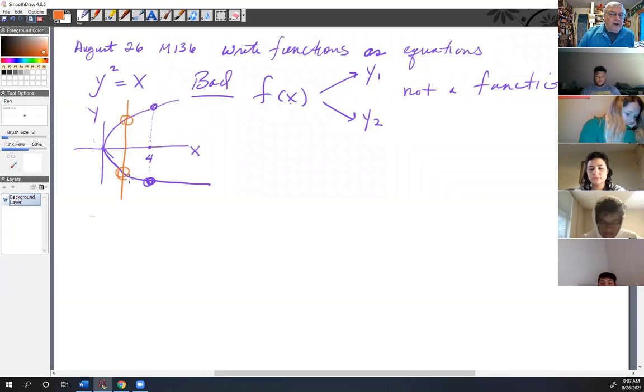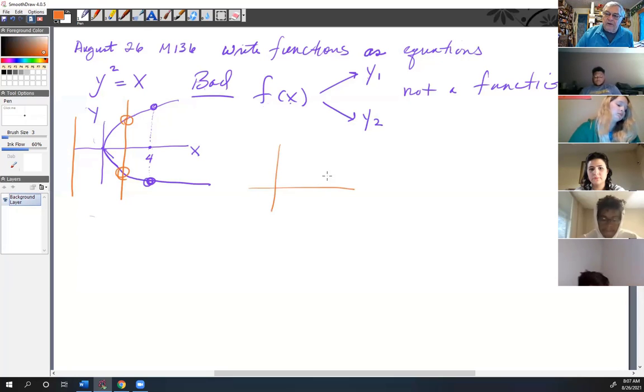And what I said, be careful, I said, if I can draw any vertical line that cuts the function more than once. Well, I could draw a vertical line over here that does not cut the function more than once. That doesn't mean anything. The question is, is it possible for me to draw a vertical line that cuts the function more than once?